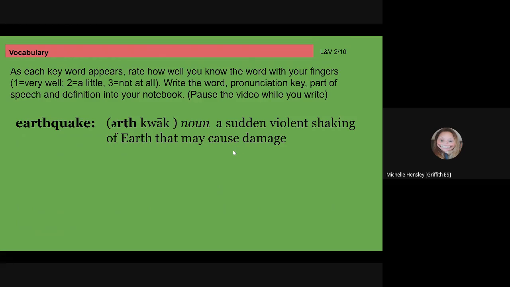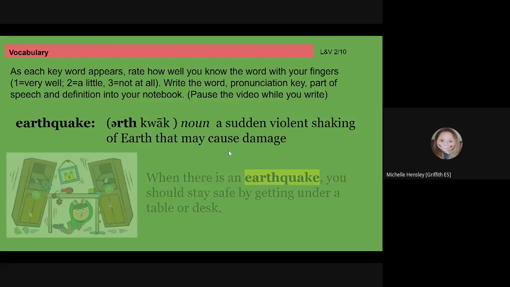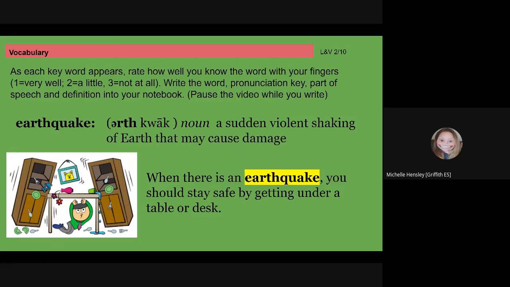A sudden, violent shaking of earth that may cause damage. Earthquake. So, for example, when there is an earthquake, you should stay safe by getting under a table or desk. Earthquake. If you need more time for earthquake, go ahead and pause the video here. We're going to move right on to the next word.